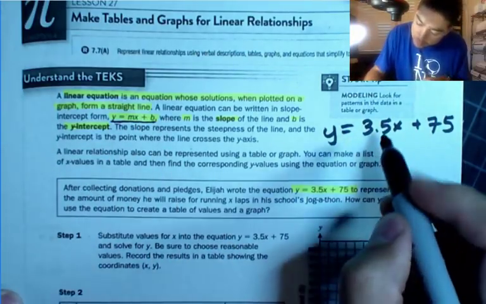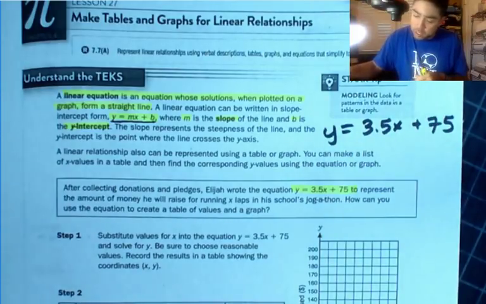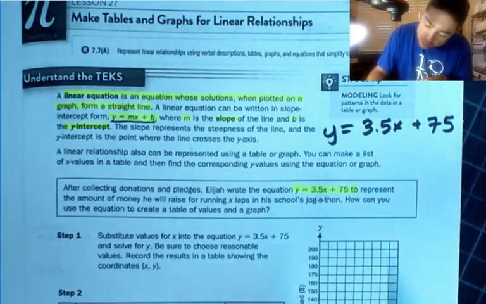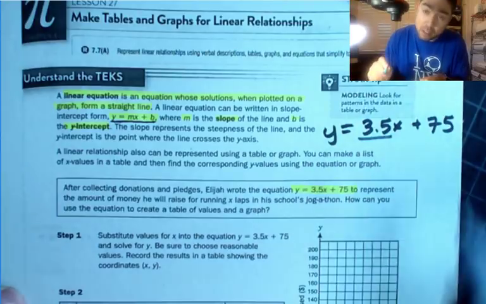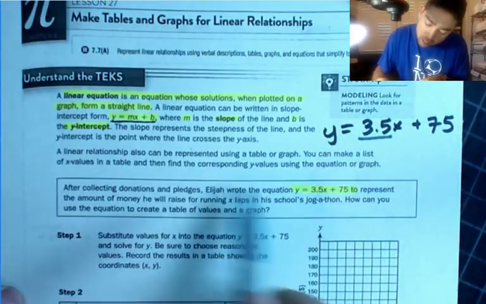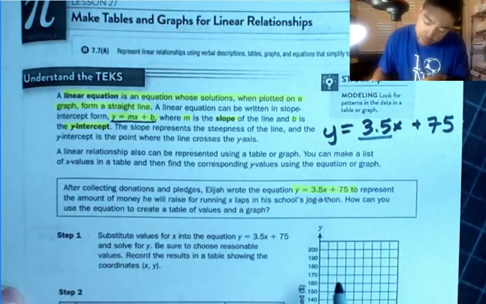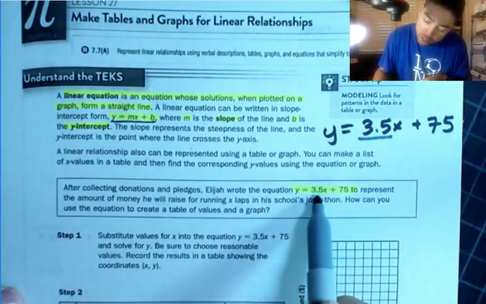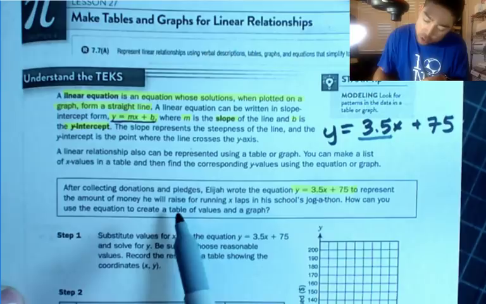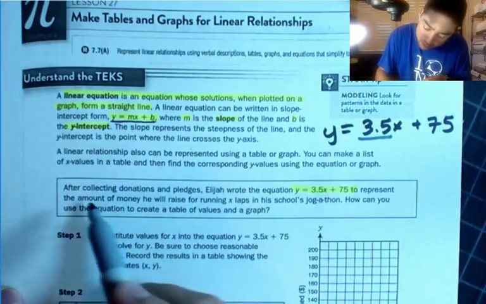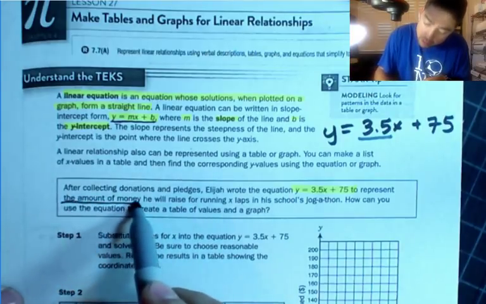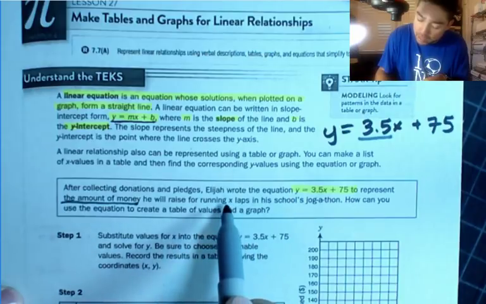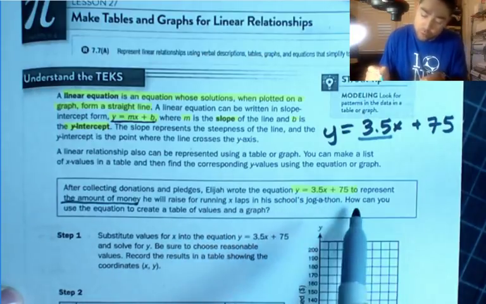So in this particular problem, the 3.5, this is our rate of change. And if we make the connection between the story here, it's saying that this is the rate of change, which is going to show the amount of money he's going to raise for running x laps in his school's jogathon, right?